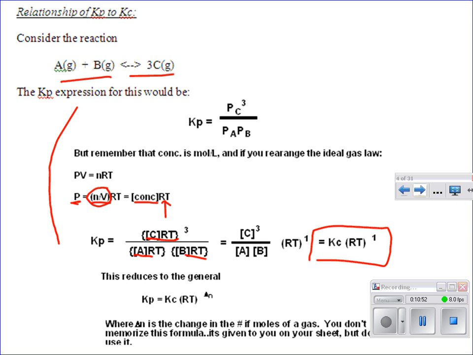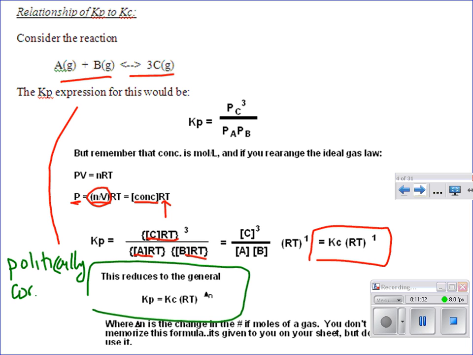you can reduce it down to this. And what I call this is the politically correct equation. I had a hard time, before I did politically correct, remembering: was it Kc is equal to Kp RT, or was it this way? It's politically correct. See that? It works. It helps. Do you really see it? Okay. A little slow today, maybe.